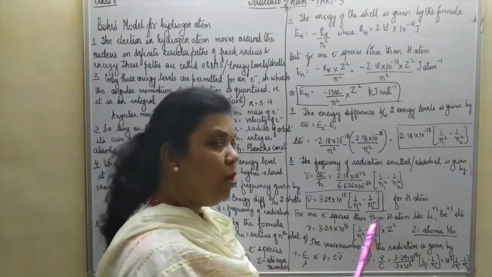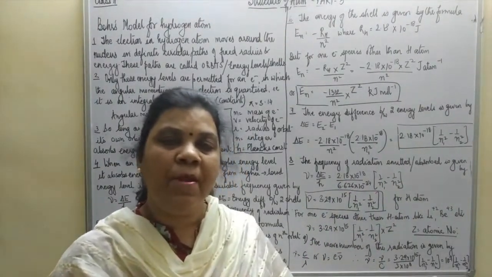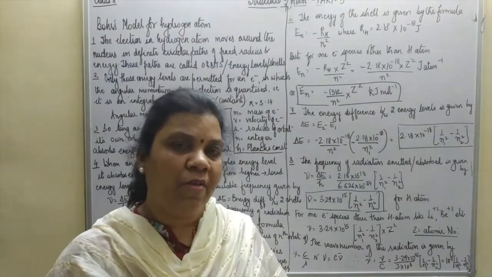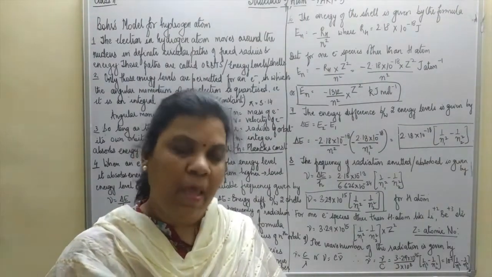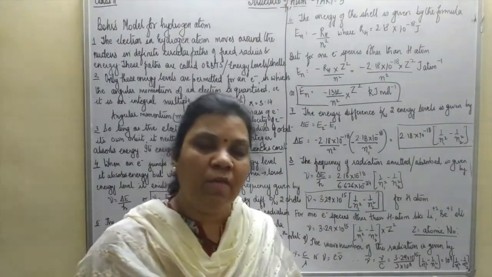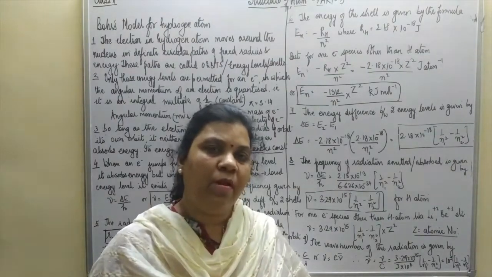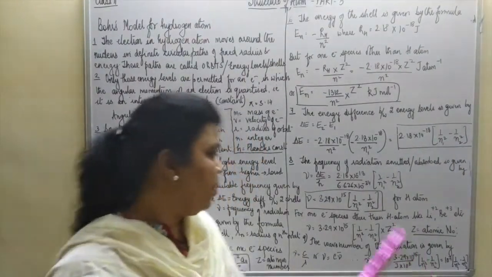So this is the formula to calculate the frequency of the radiation emitted or absorbed during electronic transition in a hydrogen atom. The frequency equals 3.29 into 10 to the power 15, 1 upon n1 square minus 1 upon n2 square. Remember.